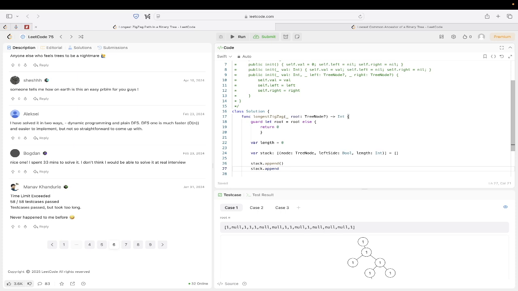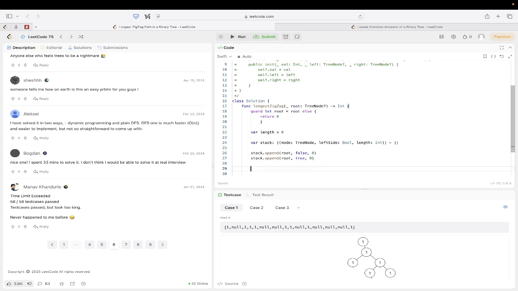Something like this. That will give us, one will be from the left side, one will be from the right side. We're starting both at the same time. So we can do this, do this, and do this. So this will be our left, this will be our right, and then we just do our loop.